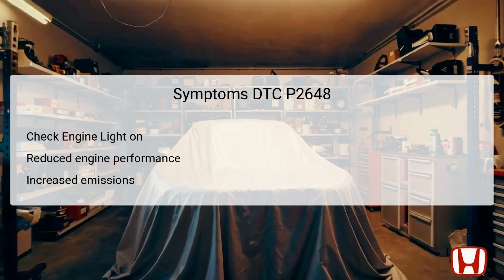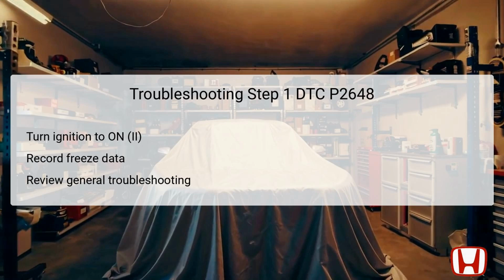The first step in troubleshooting DTC P2648 requires turning the ignition switch to the ON position without starting the engine. This action enables the vehicle's onboard diagnostic system to power up and prepares it for diagnostic functions.